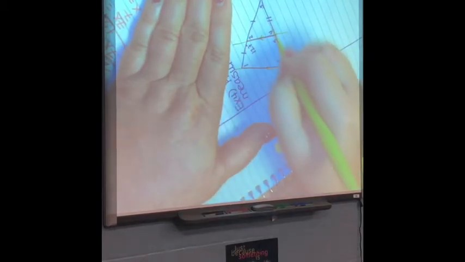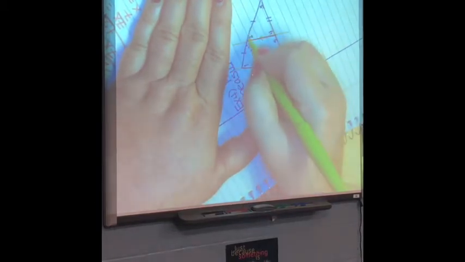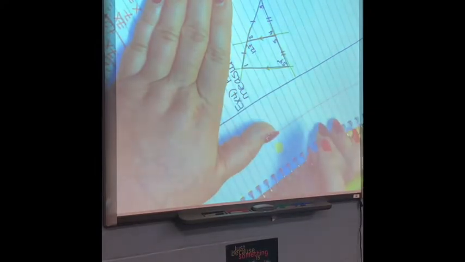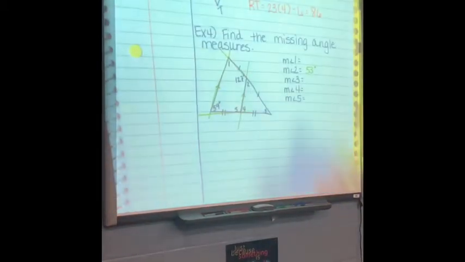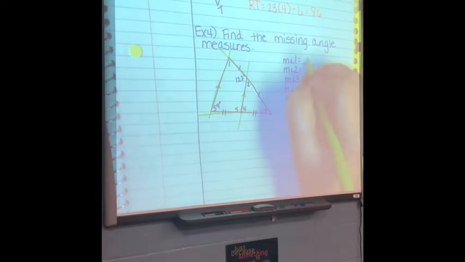These are your transversals. Angle 1 is congruent to angle 2, so they're corresponding. So that means if angle 2 is 53, then angle 1 is 53.